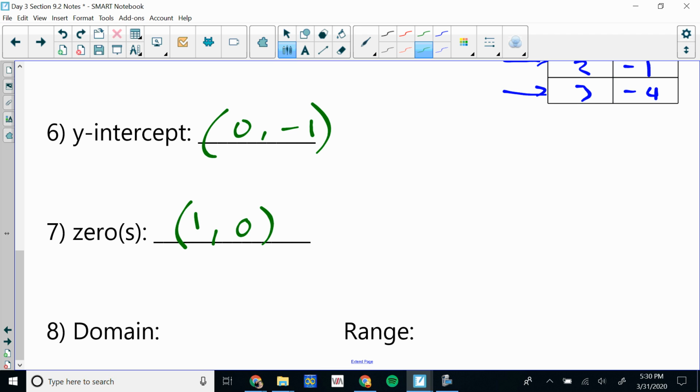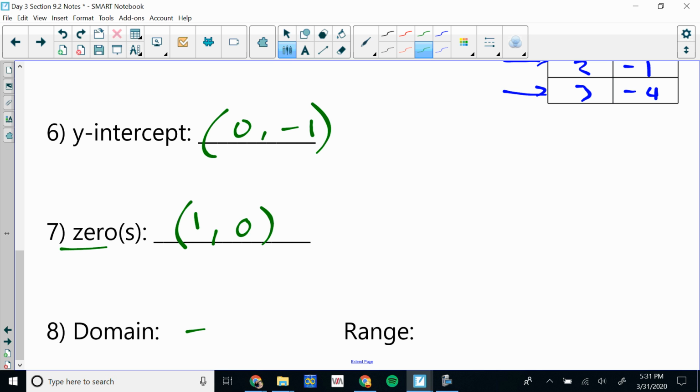When there is only one point, or 1, 0, that's always going to be the vertex. All right, so if there's ever one that has 2 points or no points, then that's not going to be the vertex. But in quadratics, where there's only one solution, that point is the vertex.